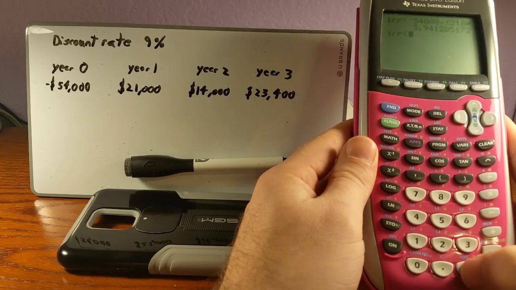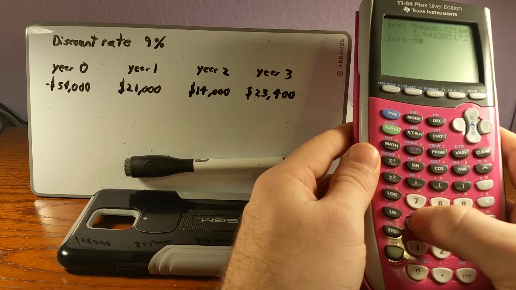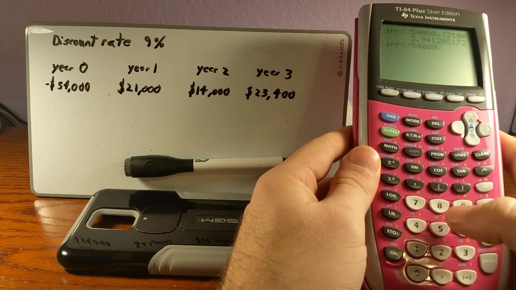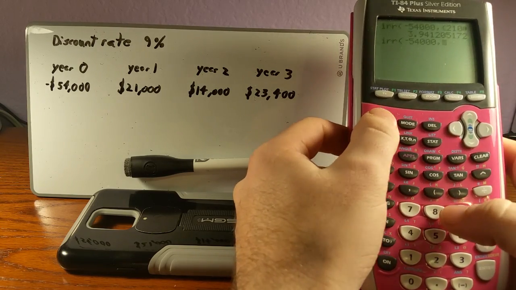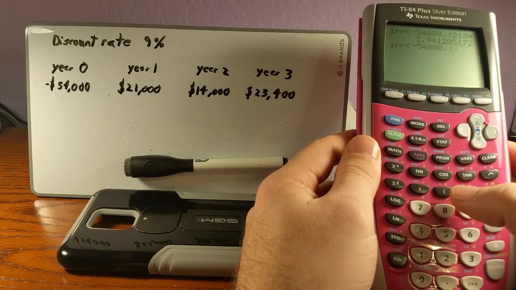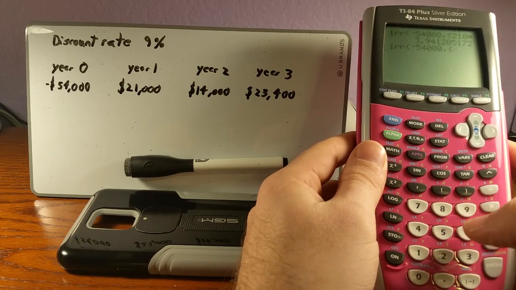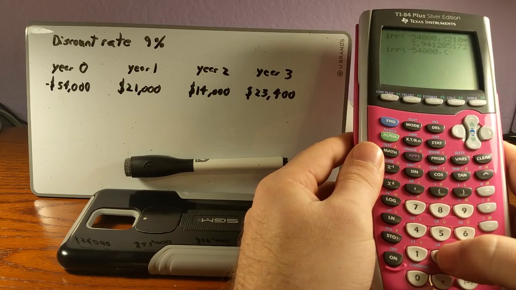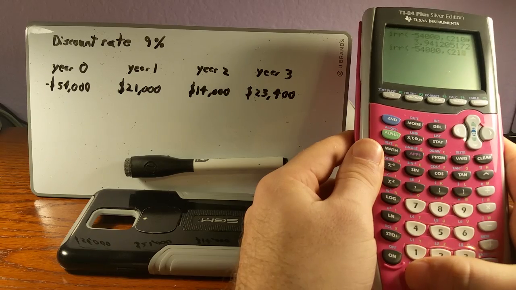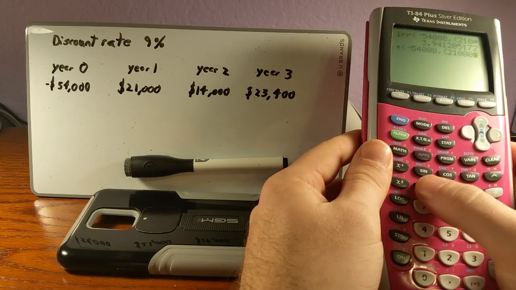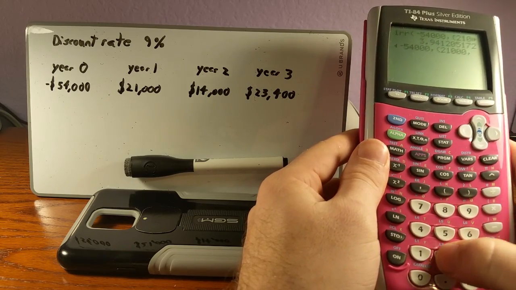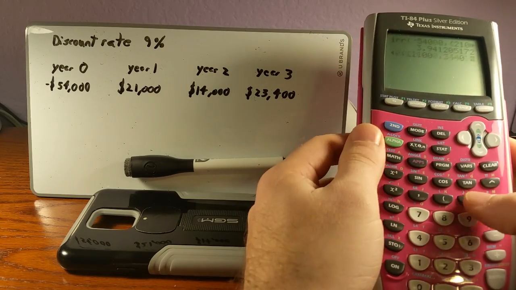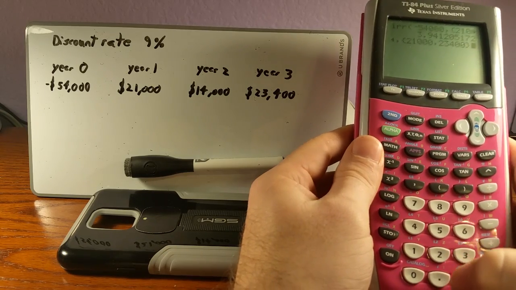We'll start out the same way, negative 54,000, comma, and then we will open up our curly braces. Here's the fun part. We don't have to type in 21,000 2 times. Just put it in once, comma, 23,400 for that last year, and close our curly braces.